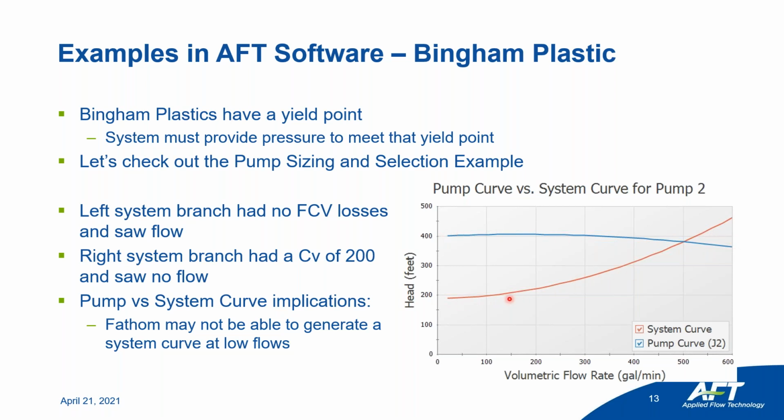So instead, Fathom will go through and calculate system losses at different flow rates, just kind of by forcing 25, 50, 100 gallons per minute through your pump. However, if your system is set up such that your pump doesn't have enough pressure to force these low flow rates, or at these low flow rates you can't meet that yield stress, some of these lower portions might not be valid possibilities in your system.